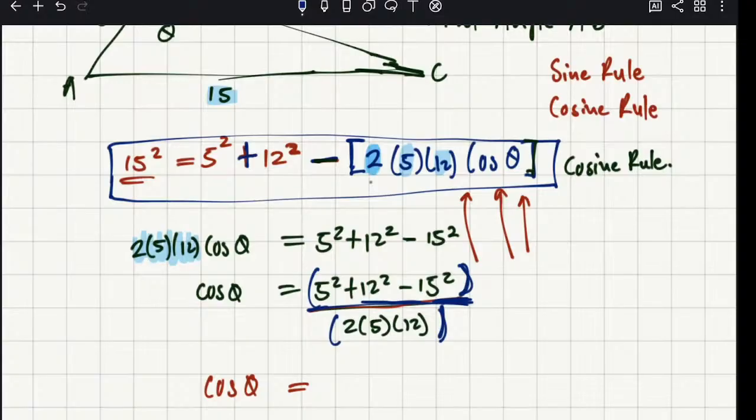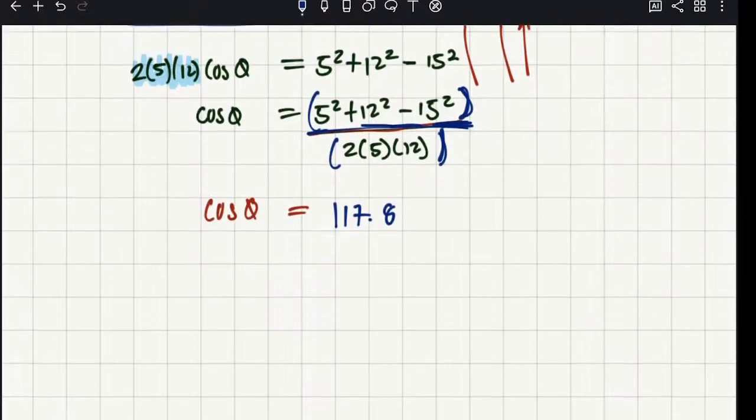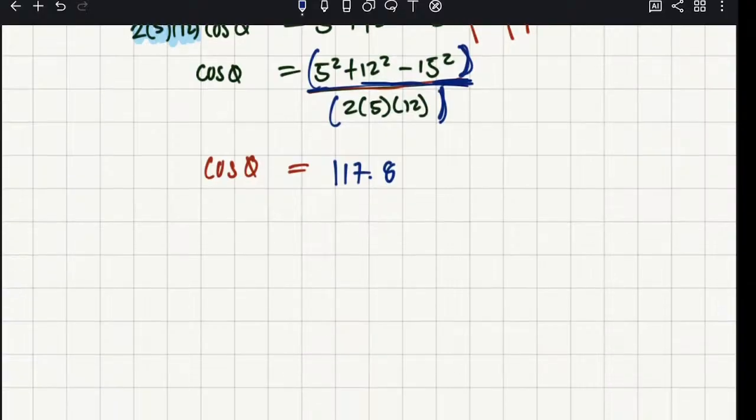Okay, good. Don't round off yet. Are you getting exactly 117.8? Everybody? Simon, what are you getting? Put the answer in the chat.